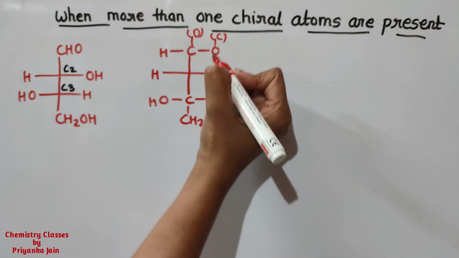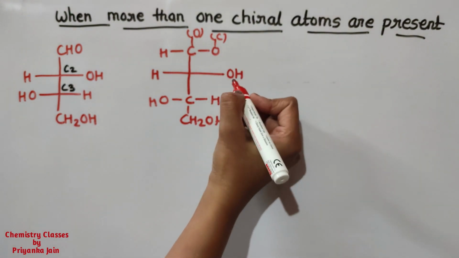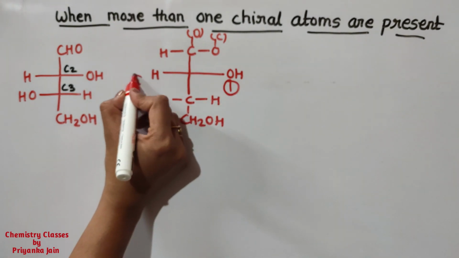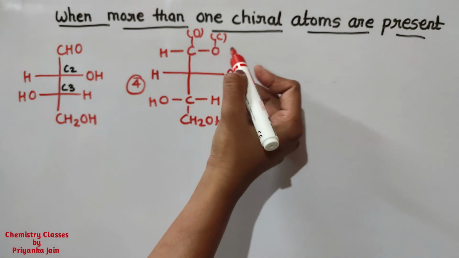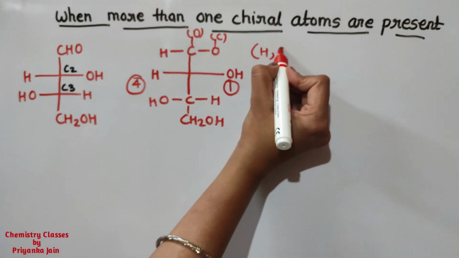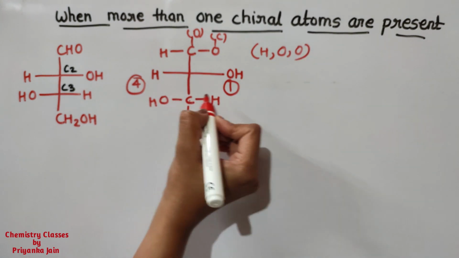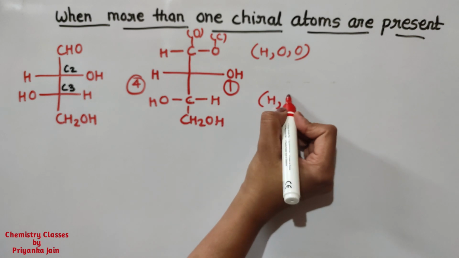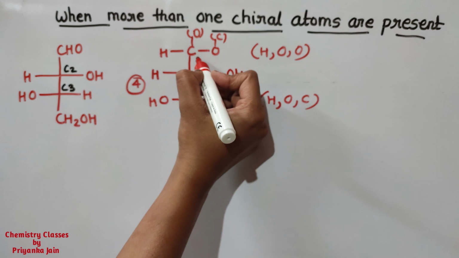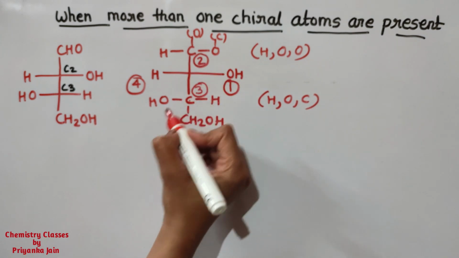And here carbon in this manner, right? So if we see the sequence, then this will be given the first priority, this will be given the 4th priority, right? And here we can consider to this carbon atom, 1 hydrogen and 2 oxygens are attached. Okay, and similarly to this carbon atom, one hydrogen, one oxygen and one carbon are attached. Okay, so this will be the second priority group and this will be the third priority group, right?